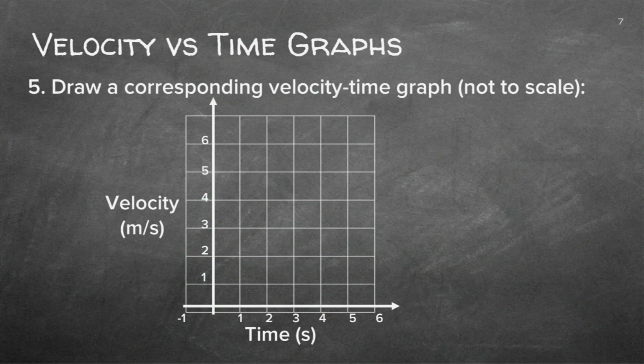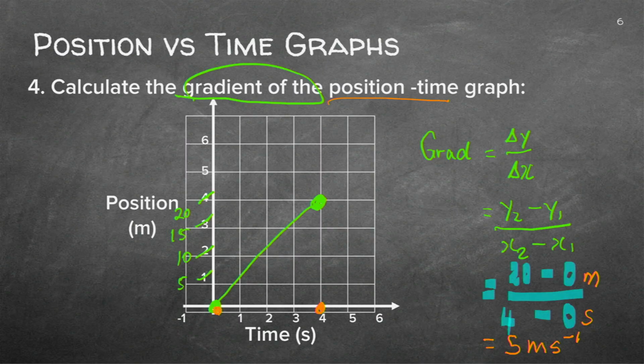The next question says, draw a corresponding velocity time graph. Now, what we did just now was we determined the gradient, and the gradient was the velocity of a position over time graph. And everywhere on this graph, your gradient will be exactly the same.